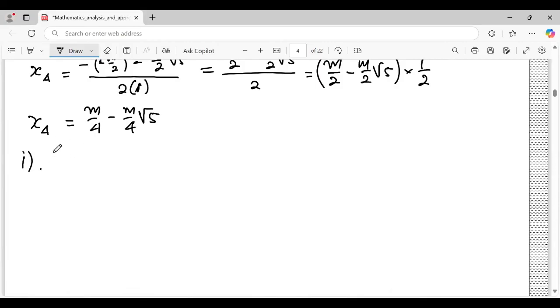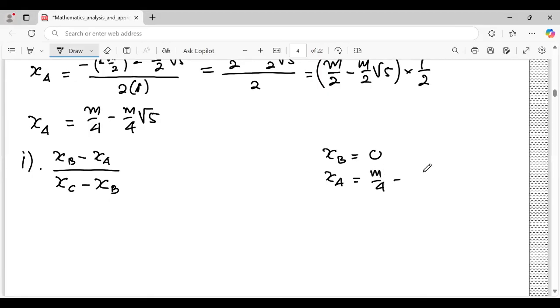We have information that xb, the x coordinate of point B, is 0, xa, the x coordinate of point A, is m over 4 minus m over 4 square root 5, and xc is m half.